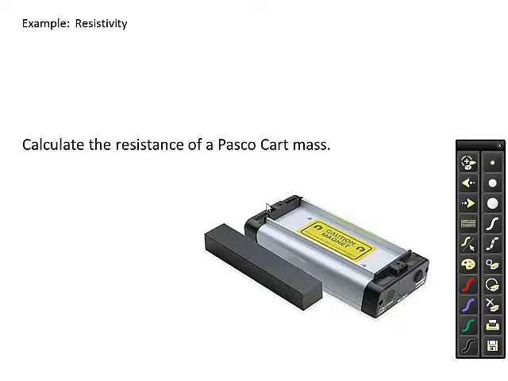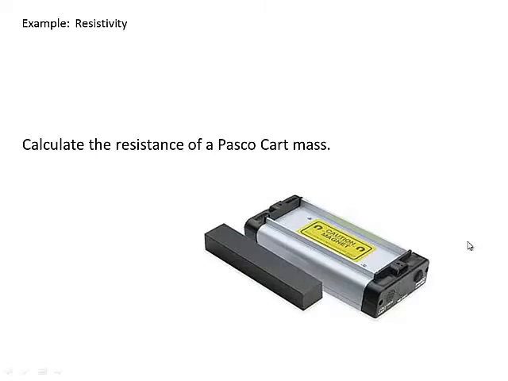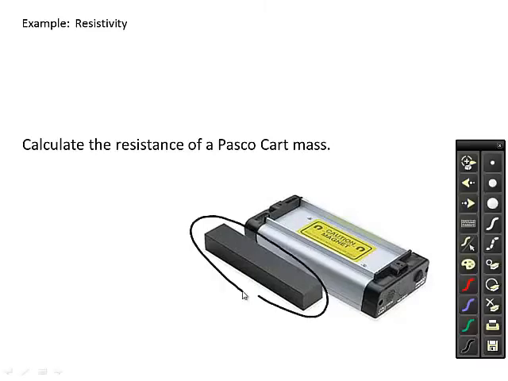So these black masses that we use all the time when we want to weigh down our carts are just big chunks of iron. And the dimensions of that chunk of iron, it's got a length of about 13 centimeters. The area we can get, because these little guys are 2 centimeters by 2.5 centimeters.